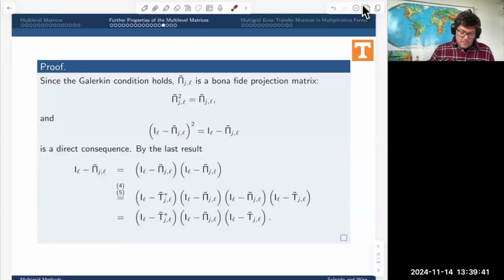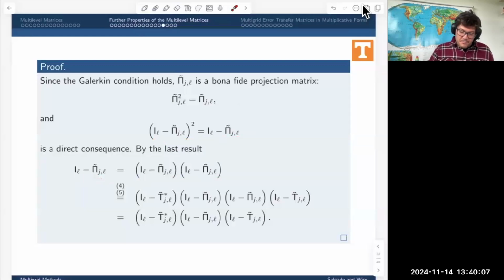Right, so let's start with this guy here. This is equal to this product. Then I'm going to come back and say how and where I use these two properties here. So this is equal to that because of the projection property.